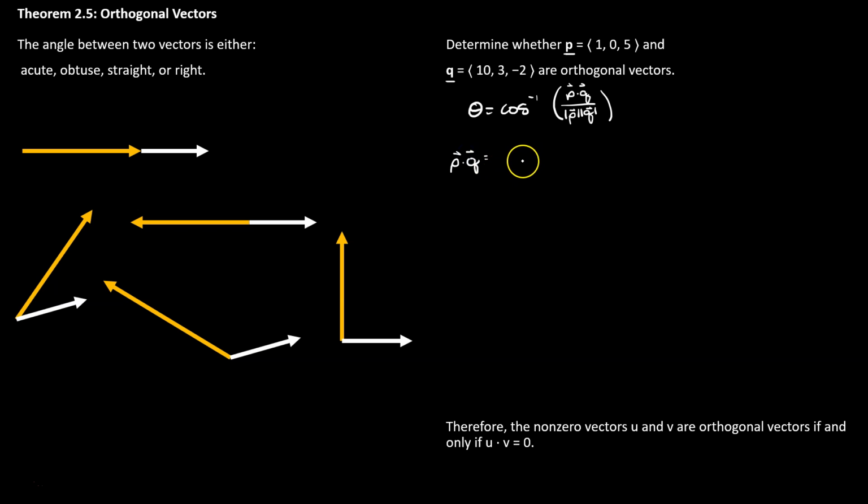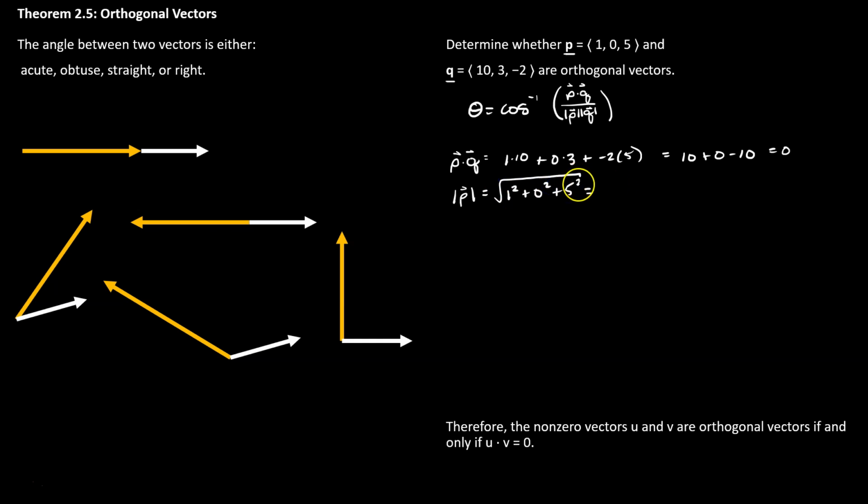So let's calculate each of those. The dot product between P and Q, that looks like 1 times 10 plus 0 times 3 plus negative 2 times 5. That would be 10 plus 0 minus 10. The dot product there is 0. The magnitude of P would look like this expression.